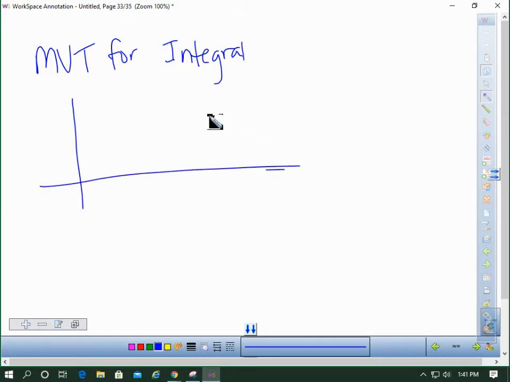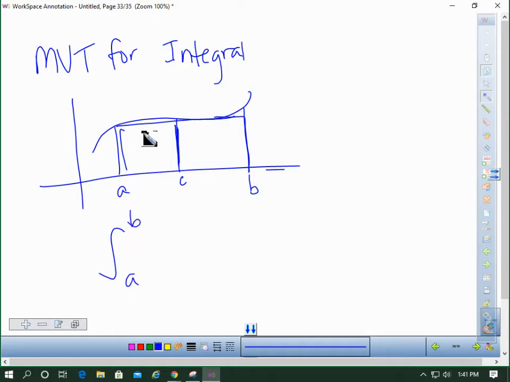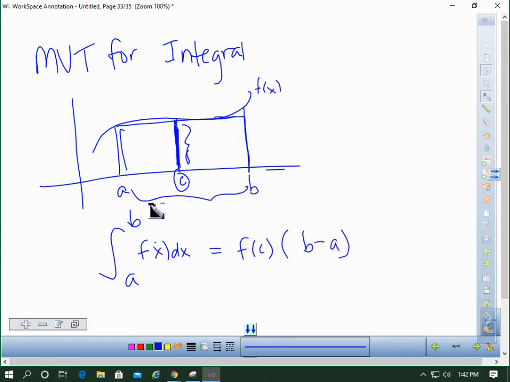Well, it says that if you have a function and you're trying to find the area under it from a to b, there is some c value in here somewhere, we'll just say it's right there, that if you make a rectangle using f of c as your height, then the area underneath the curve for f of x will equal f of c, that's putting the c value into the function to get this height right here, times b minus a, which is this length. So this rectangle will estimate the area underneath the curve.